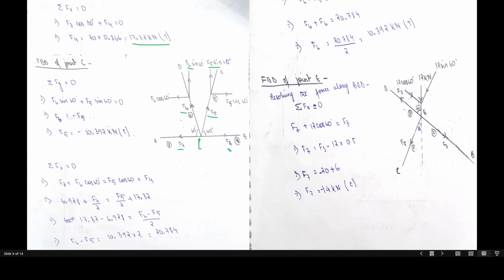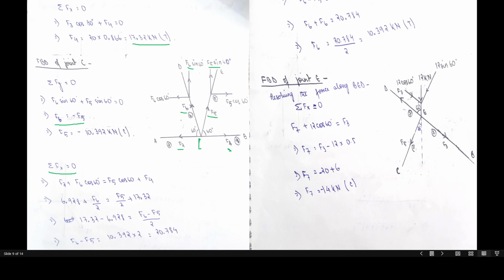Here F6 and F5 are the only two vertical forces. So by solving this, we get the relation F6 is minus F5. Then we'll proceed to solve for horizontal forces. Here we see that F2 and F4 are in opposite direction, and F5 and F6 are in opposite direction.